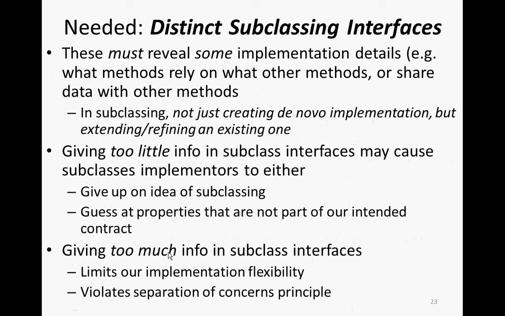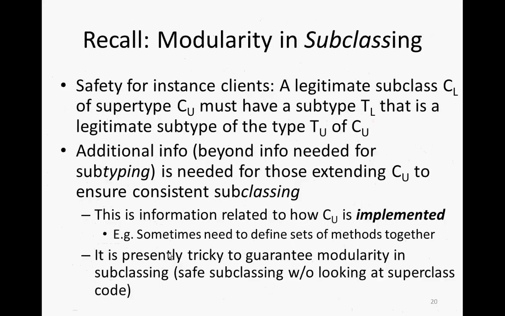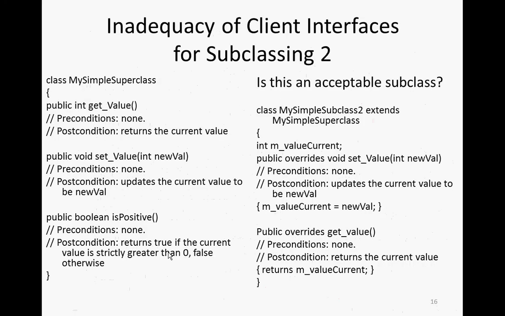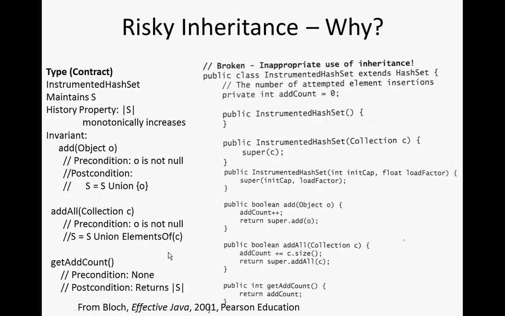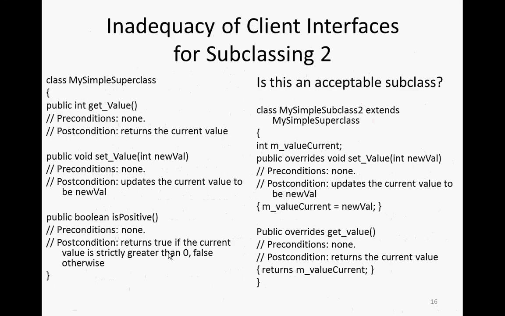The reason that you provide that information is so that people can count on that from now on. You could test your code with respect to this class, and maybe it works now. But there's no guarantee with this current specification that it's going to continue working, because somebody could change whether is positive calls get value, whether it depends on that.